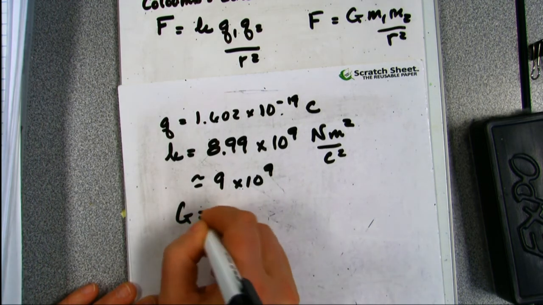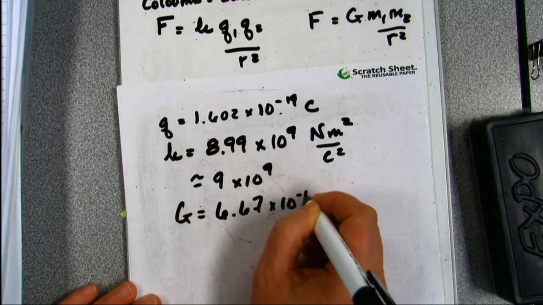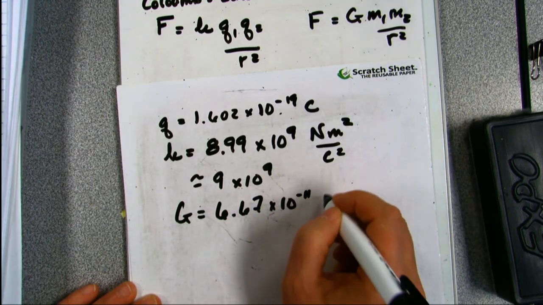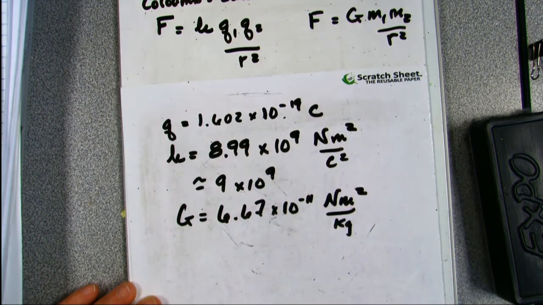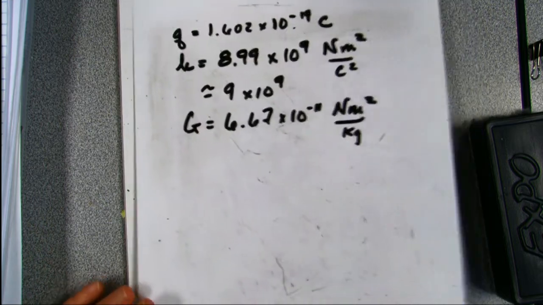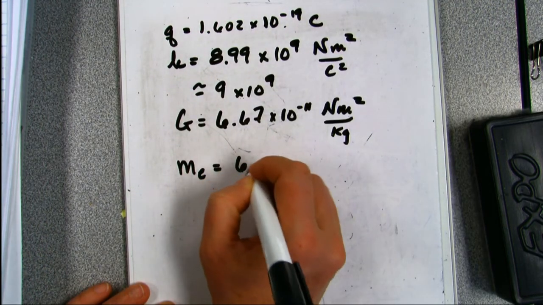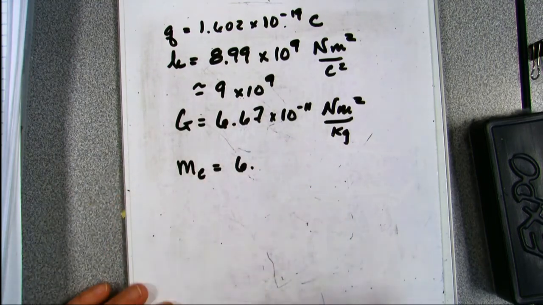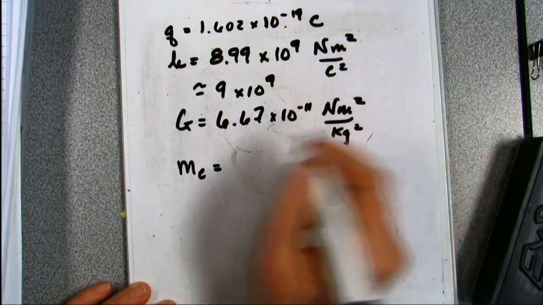G is the one I can never remember. It's 6.67 times 10 to the minus 11 newton meters squared per kilograms squared. Kilograms supposed to be squared too? Yep, kilograms squared, I just didn't write it down.